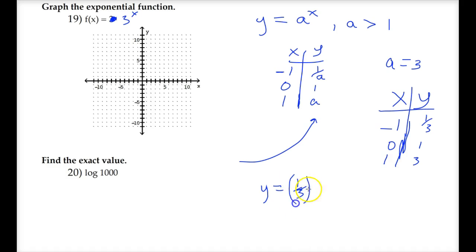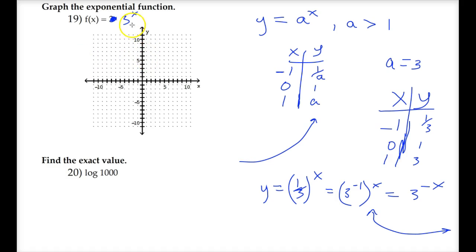We would have something like 1/3 raised to the x, which we could rewrite this as 3 raised to the negative 1 raised to the x, or 3 raised to the negative x, and that graph would go like this. And the only thing that would change there is that 1/3 and 3, these two would switch places. So you would have negative 1, 3, 0, 1, and 1, 1/3 instead of what we have here, okay?